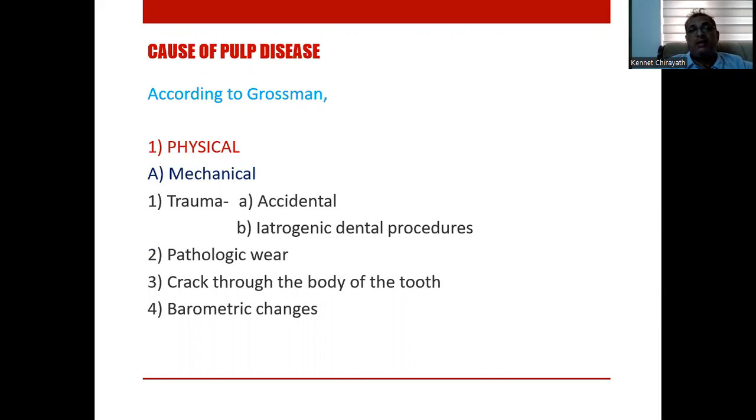These are the mechanical factors that cause disease of the pulp.